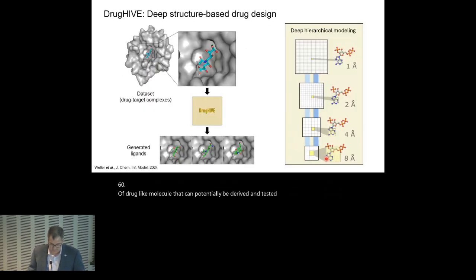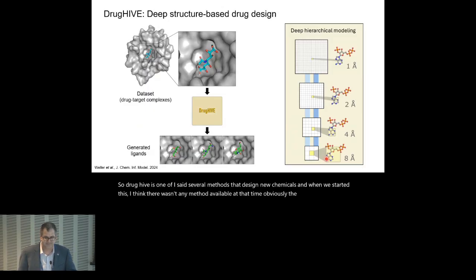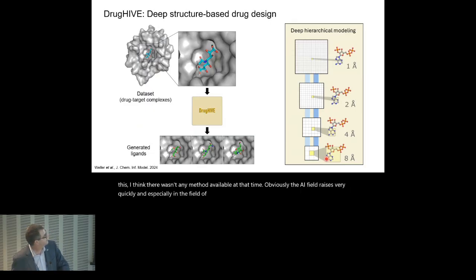after that. So DrugHive is one of, as I said, several methods that design new chemicals. And when we started this, I think there wasn't any method available at that time. Obviously, the AI field races very quickly, and especially in the field of drug discovery and drug design.